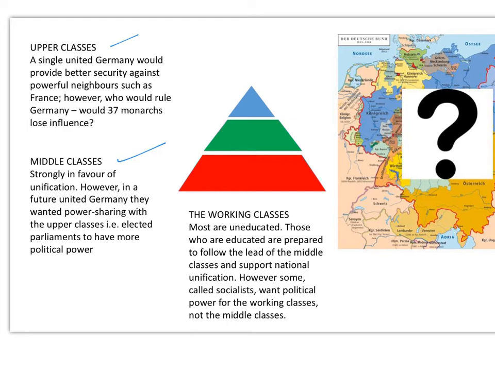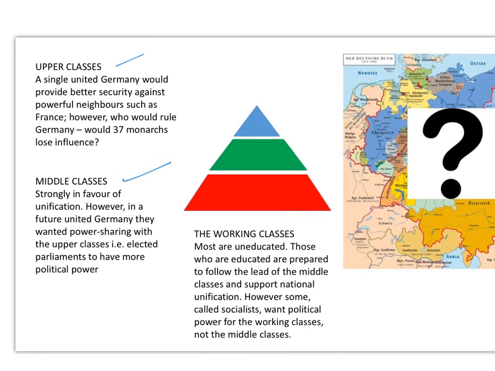However, if there's going to be a united Germany, they don't want it to be an authoritarian system, in other words, power lying just at the upper level. What they want is a new Germany in which the middle classes and the upper classes hold power jointly.